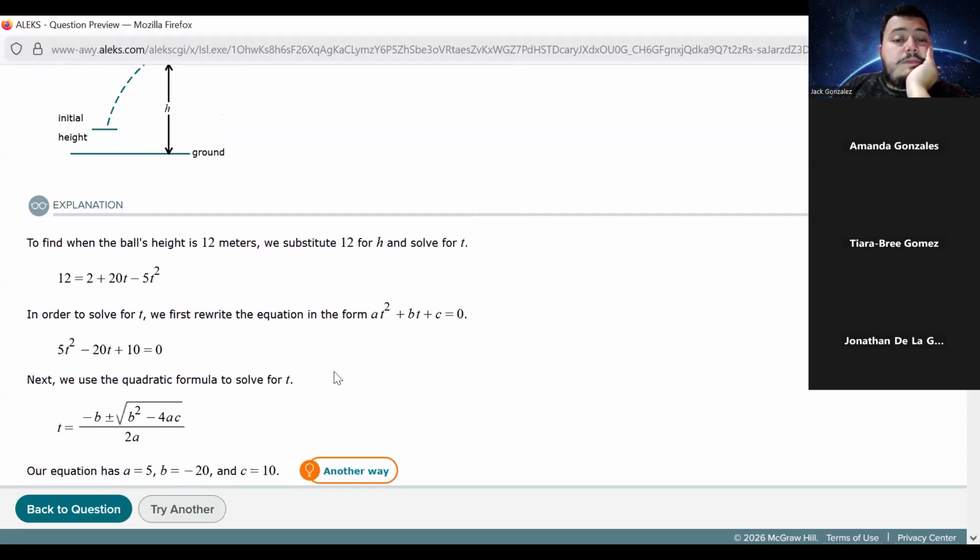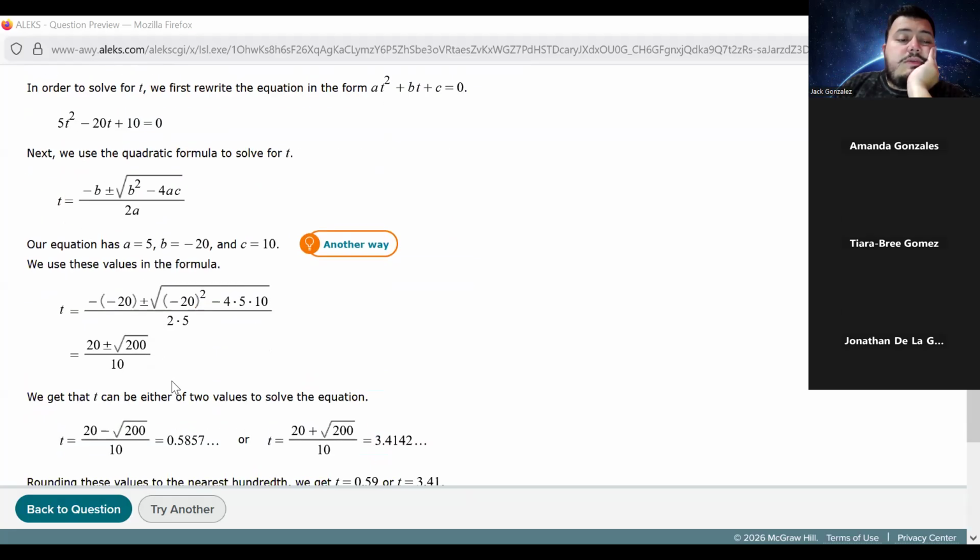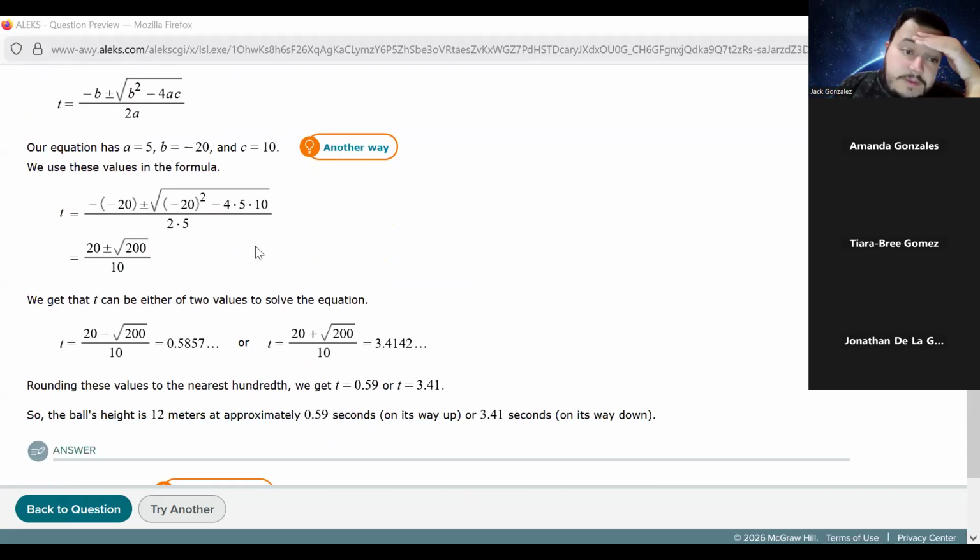So check it out. Set the height equal to 12. So there it is. Subtract it over, which gives you this. And then use your quadratic formula. So a, b, c is right there. Plug in your numbers, and you're going to get 2 times.